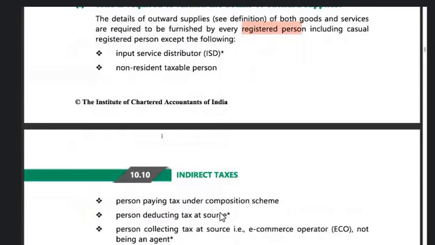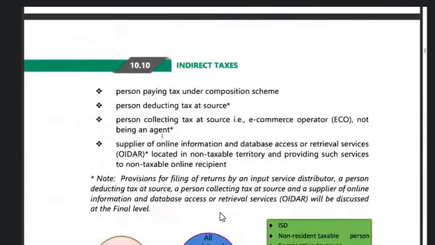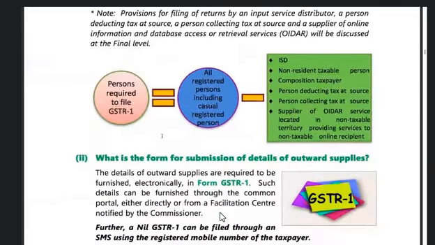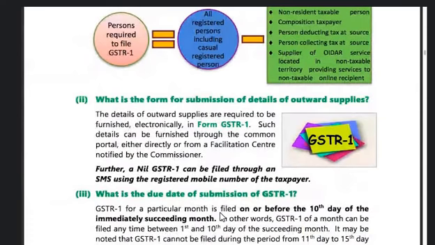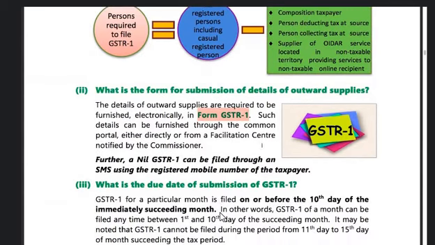So whatever sales you make, those details you have to provide online. And the form for filing the details of outward supply is GSTR 1. This GSTR 1 has to be filed every month. And in case of nil, GSTR 1 can also be filed.